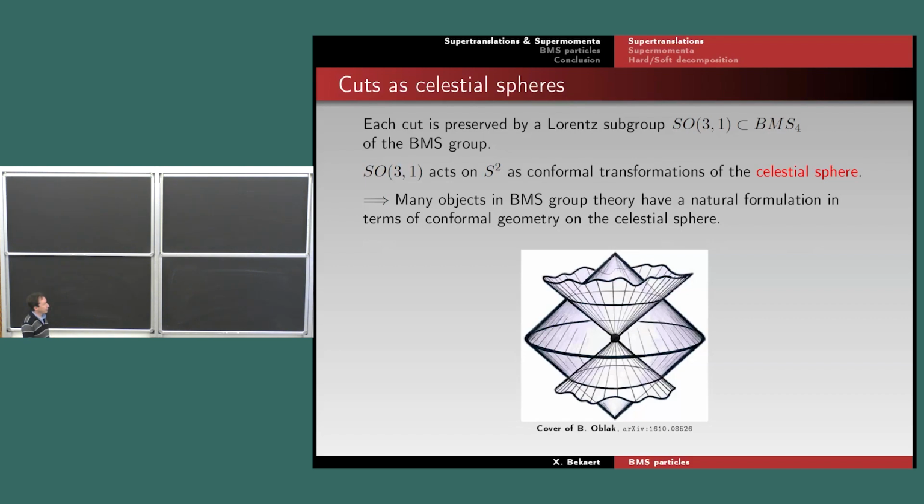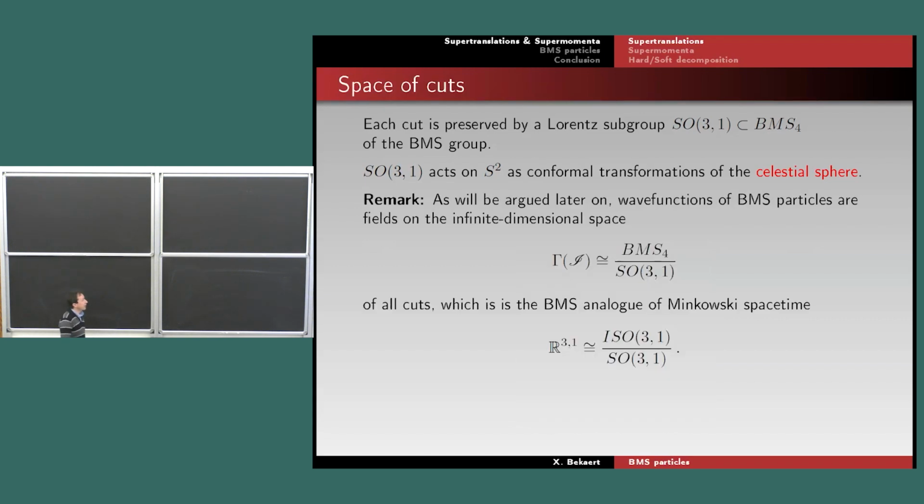These cuts are diffeomorphic to spheres, and they act as conformal transformations on the conformal sphere. Many objects indeed have a natural transformation in terms of conformal geometry, which is the language I will use. The wave functions of BMS particles, the analog of the position representation, you can think of as wave functions on this space of cuts, which is a homogeneous space.